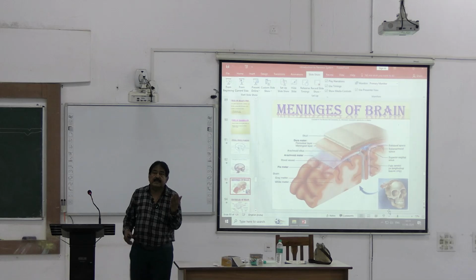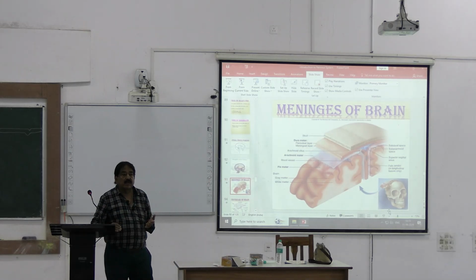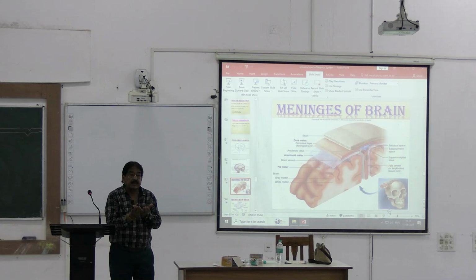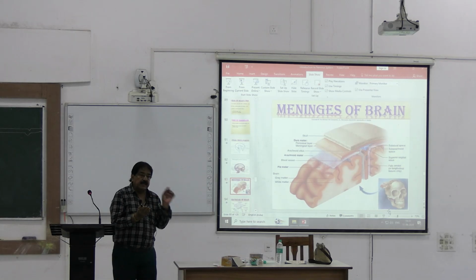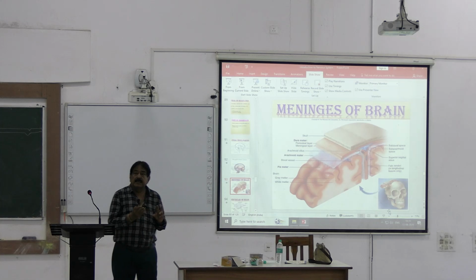When you see the cut surface of the brain in the dissection hall, you can clearly distinguish between the grey and the white matter.